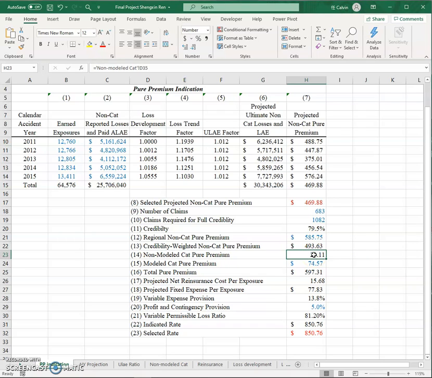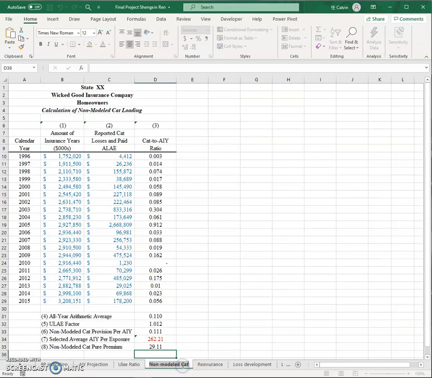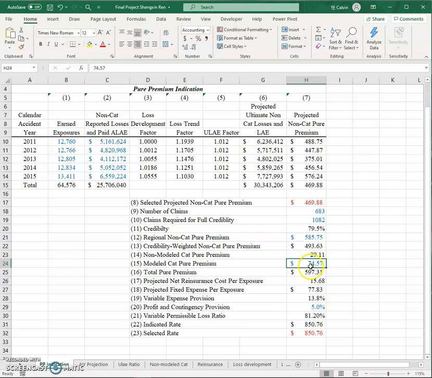As for the non-model catastrophe pure premium, we have calculated in the non-model catastrophes right here, 29.11. And the model catastrophe pure premium is given. So the total pure premium is the sum of credibility weighted non-catastrophe pure premium and non-model catastrophe pure premium and model catastrophe pure premium.